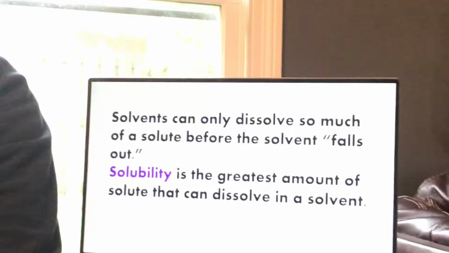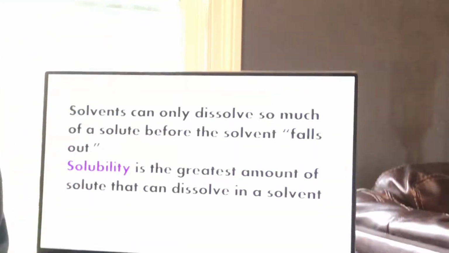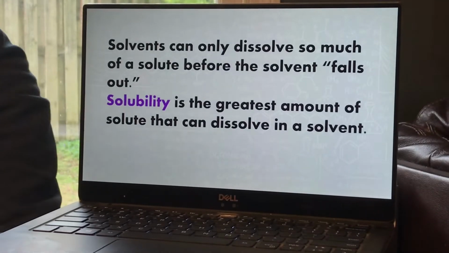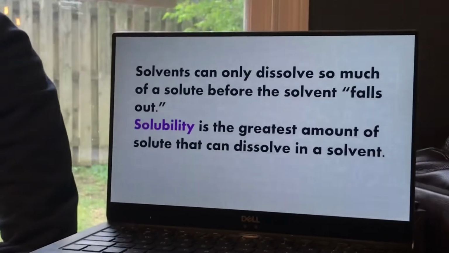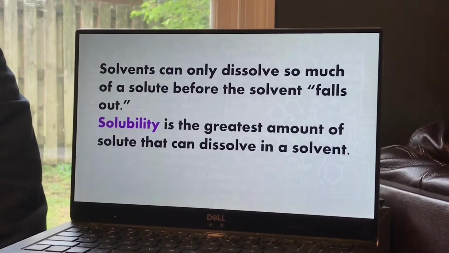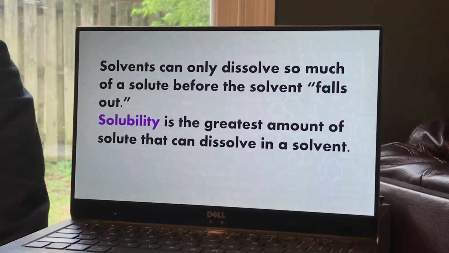This should be just recapping stuff that you already know. Solvents can only dissolve so much of a solute before the solute falls out. In this case, you can see it here. Solubility is the greatest amount of solute that can dissolve in a solvent. So we have exceeded the solubility of the water in this case. And when you do that, your particles will fall out.